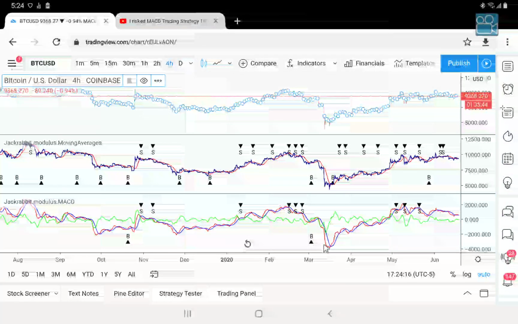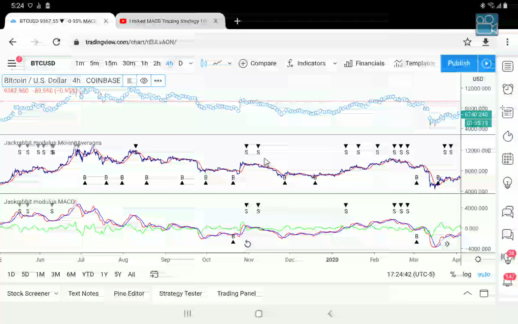Buy here, it waits until it sells here, and it gets a pretty good little profit for this run. It takes a couple of months, but it still does quite nice. So if you're into long-term trading, this is also an option. This works on every time frame.